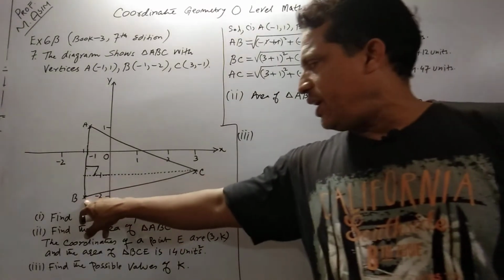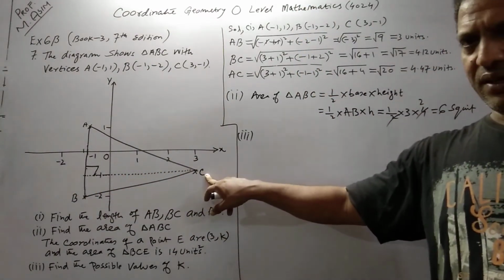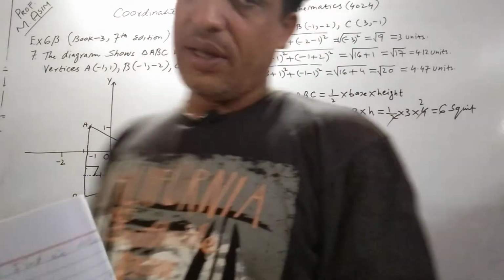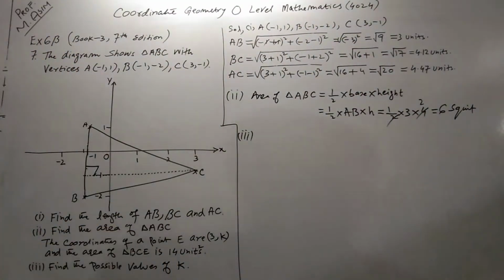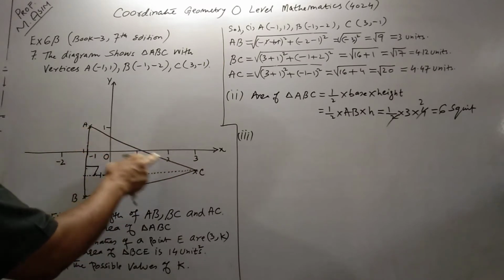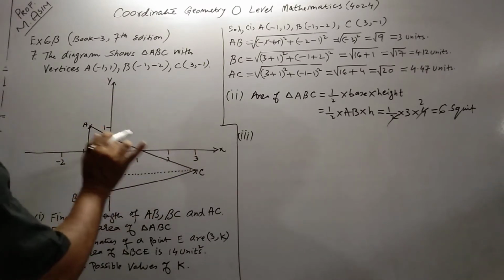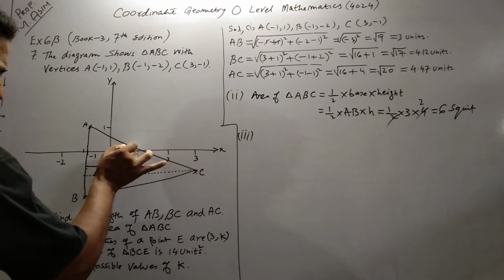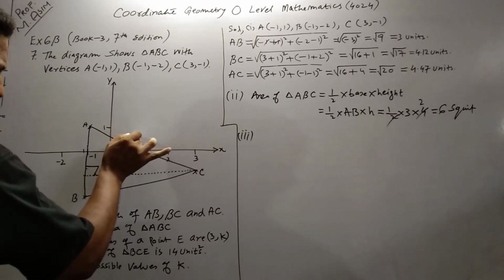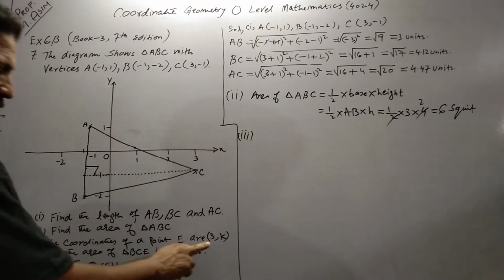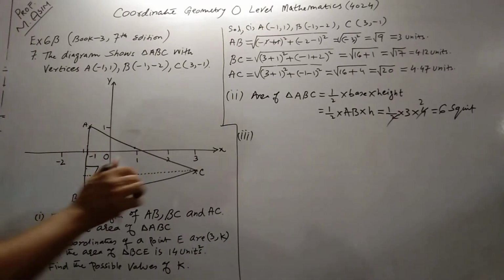This is your B, this is your C. Where is the E? E should be anywhere on this line. So if I say, for example, this is our E, what are the coordinates? 3, k means x is 3 and y is k.